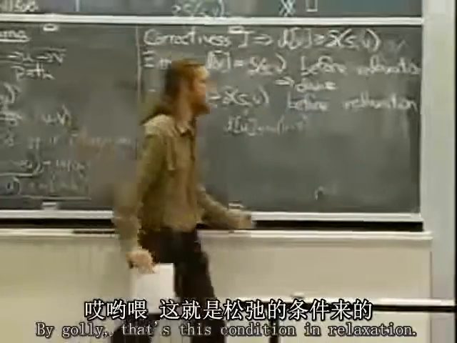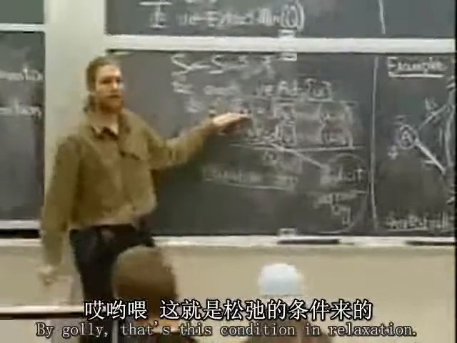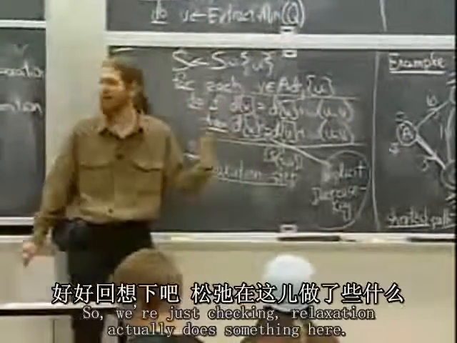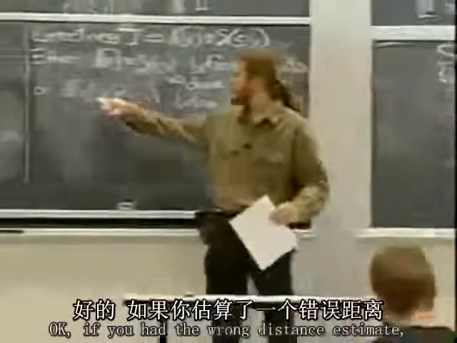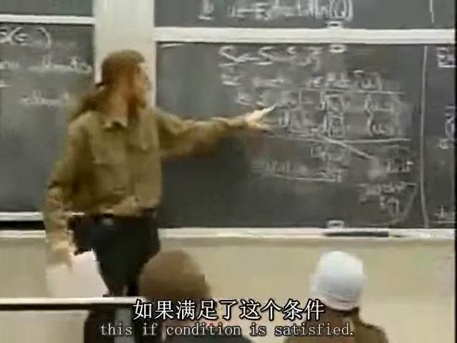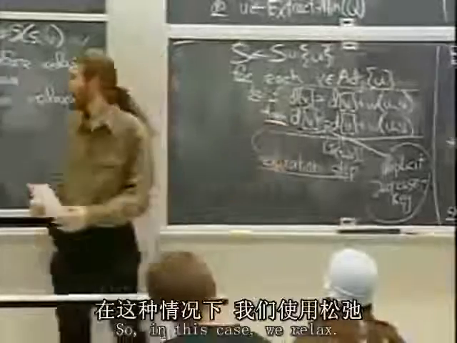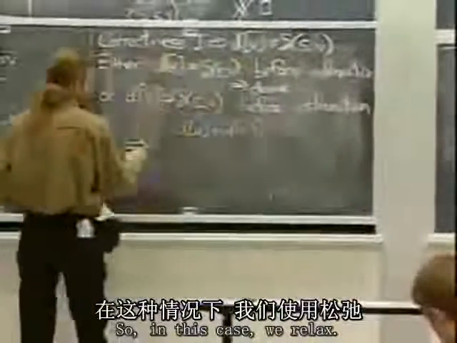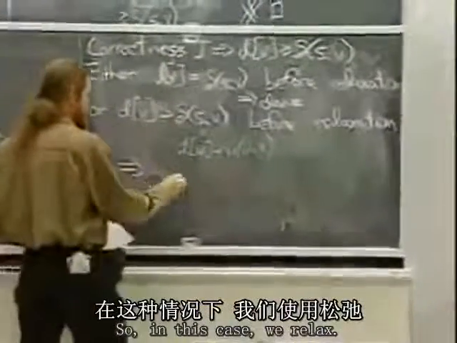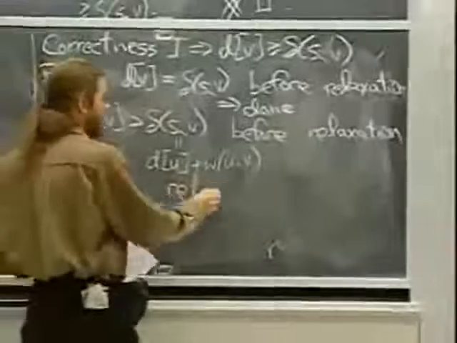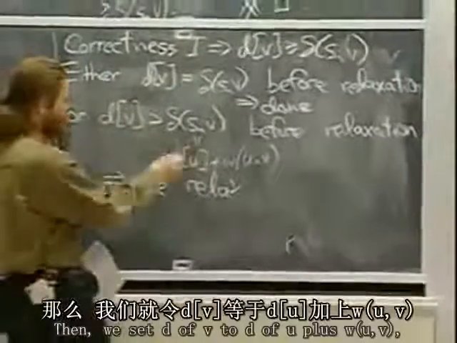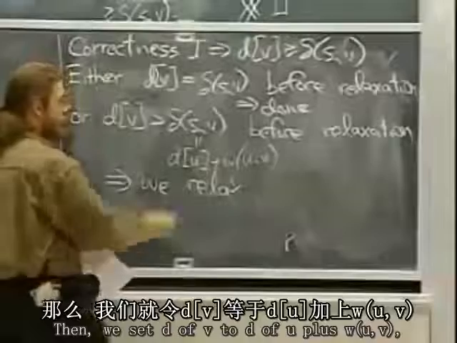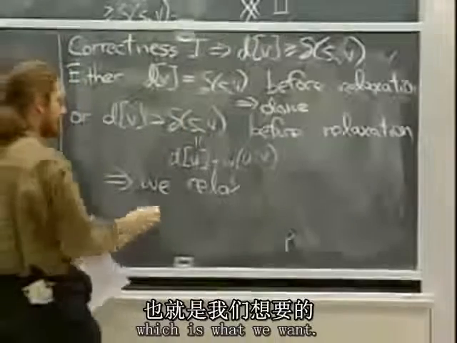By golly, that's this condition in relaxation. So just checking, relaxation actually does something here. If you had the wrong distance estimate, this if condition is satisfied. Therefore, we do this. So in this case, we relax, and we set d of v to d of u plus w of uv, which is what we want.